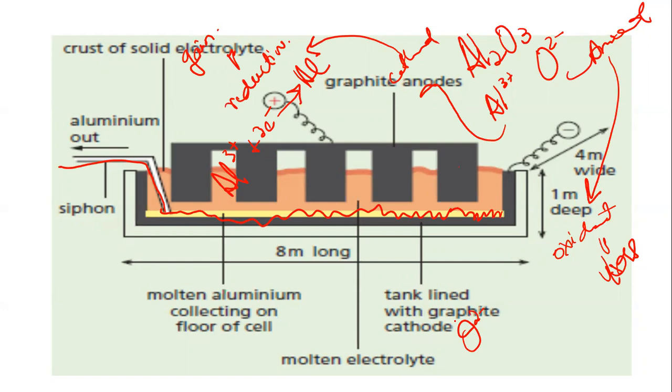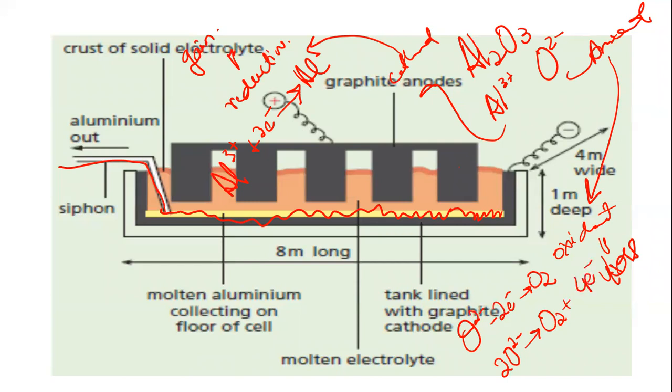Sorry, I meant oxygen, which is -2, negative electrons, and it will give out O2. So we'll have to balance it out firstly. So 2O -2 gives O2 plus 2e. Okay, this will become 4.